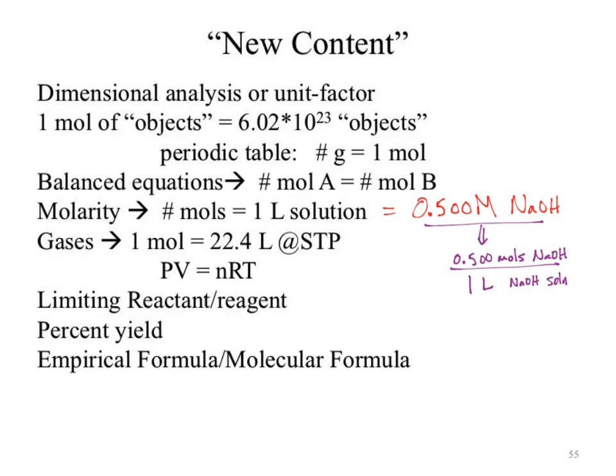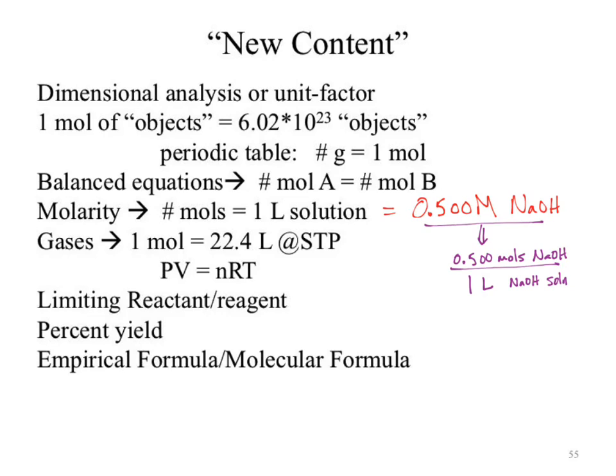The next concept was gases. The big deal that came out of gases was that 1 mole of any gas is 22.4 liters at standard temperature and pressure. That is a conversion factor you're responsible for. I personally think it is dumb.